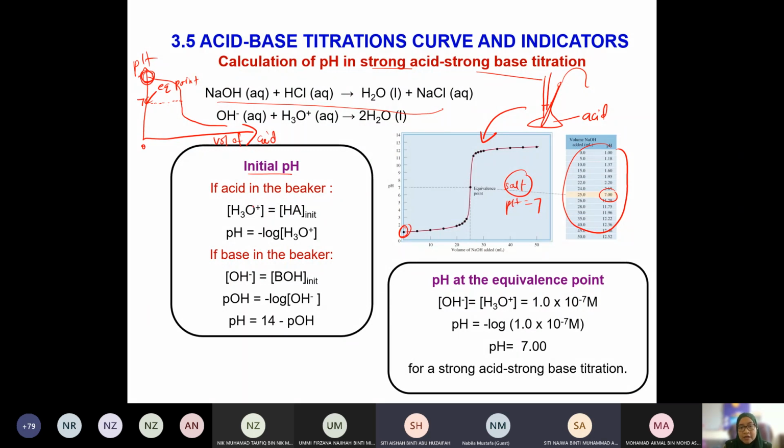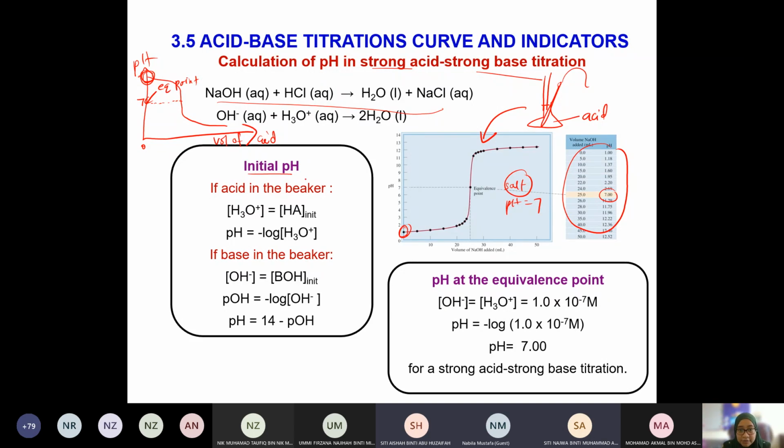If the question asks for the initial pH for strong acid versus strong base titration, how would you calculate? Ini macam mana you nak imagine dekat sini? So initial pH, that means the initial solution. So before the titrant is added, apa yang kita ada?